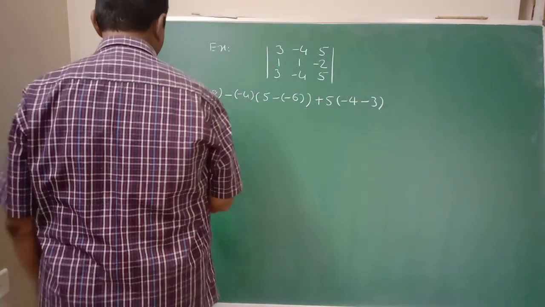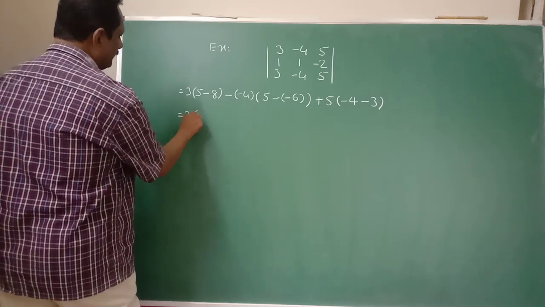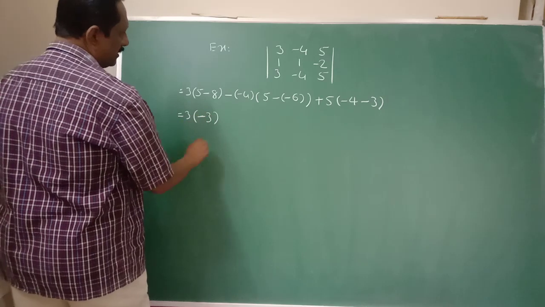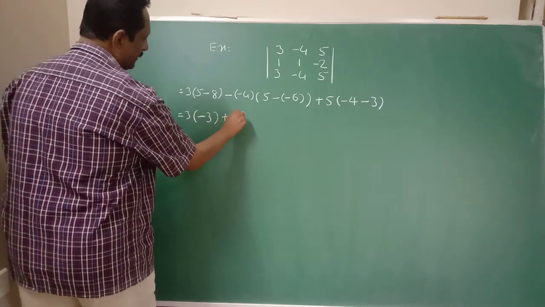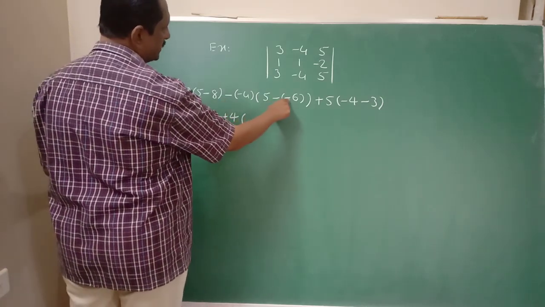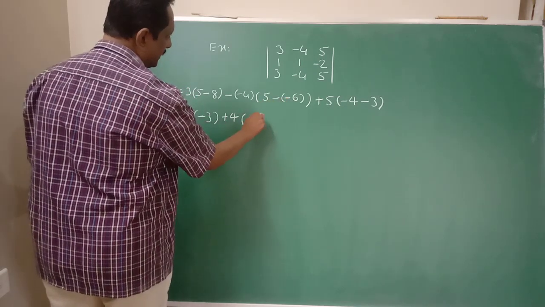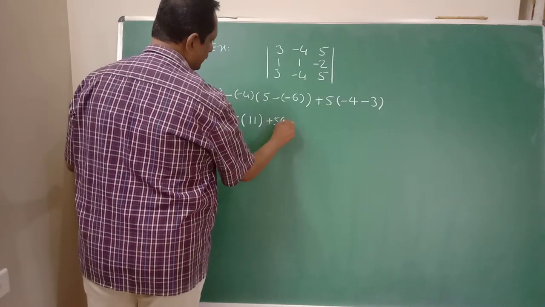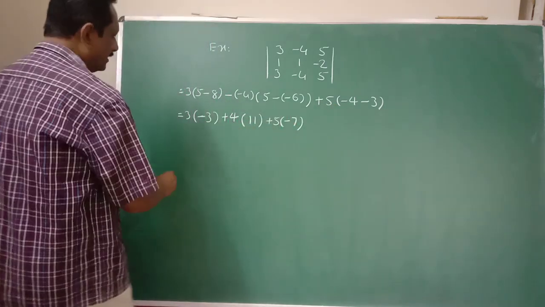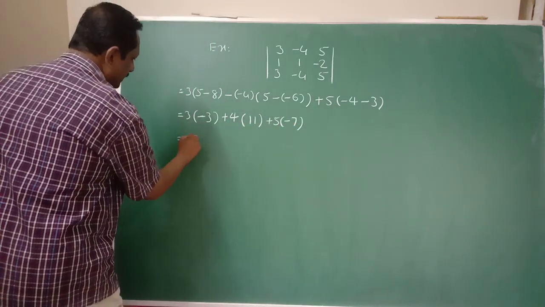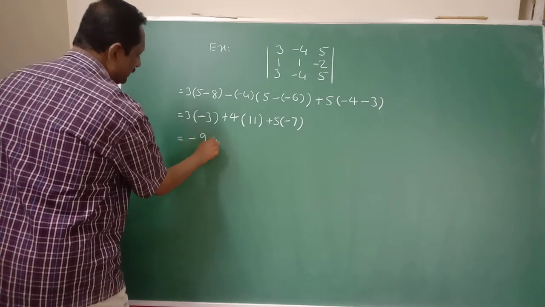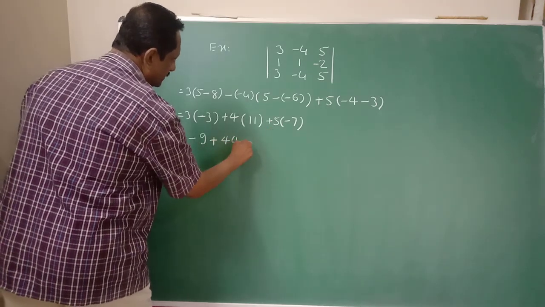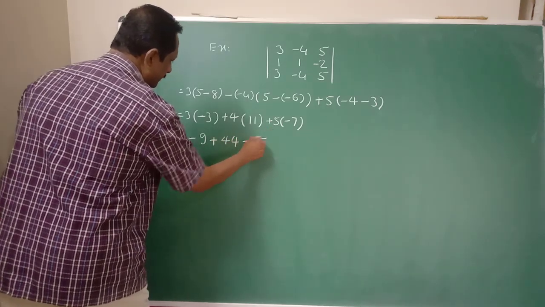Minus 3. Yes, this is equal to 3 into 5 minus 8 is a minus of 3, minus into minus plus 4, minus into minus plus, 5 plus 6 becomes 11. Plus 5 into minus 4 minus 3 is minus of 7. Therefore, this is minus of 9, plus 11 4s are 44, and 7 5s are 35, minus of 35.